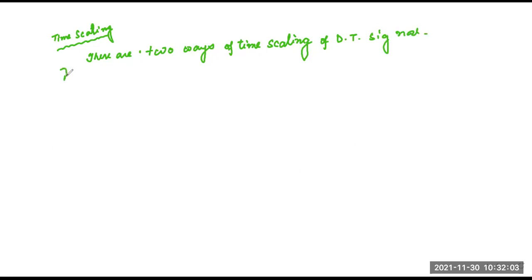Number one is called downsampling. Number two is upsampling.